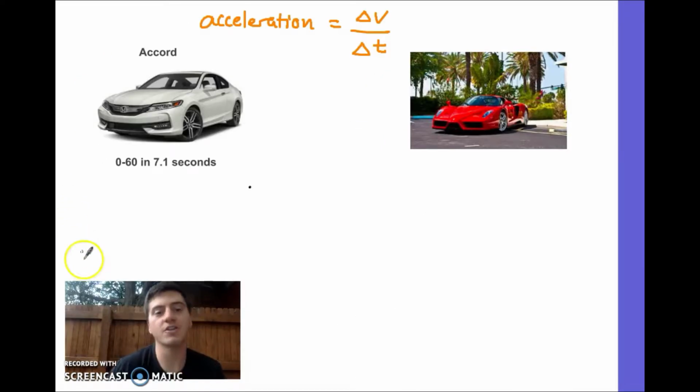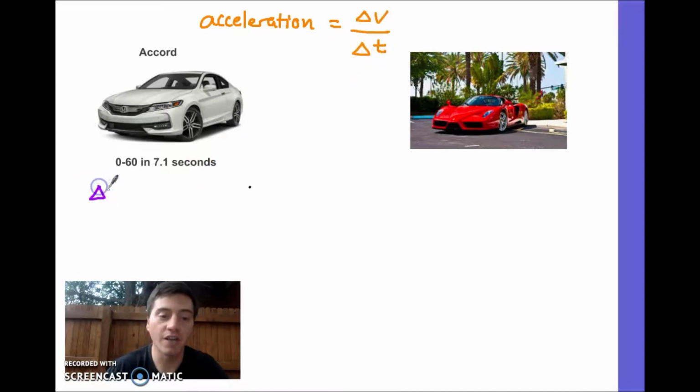So the acceleration you're probably most used to is the 0 to 60 times for cars. That's an acceleration there, even though they don't tell you the exact acceleration, they give you an idea of what it is. This is telling you I can go from 0 miles an hour to 60 miles an hour in 7.1 seconds. That's a change in velocity versus a change in time.